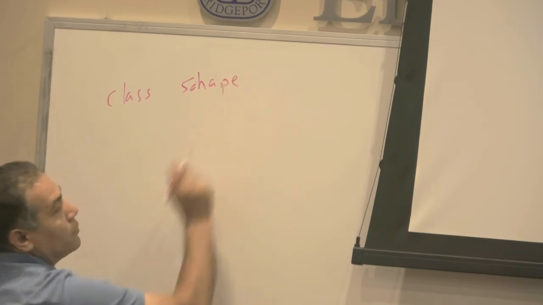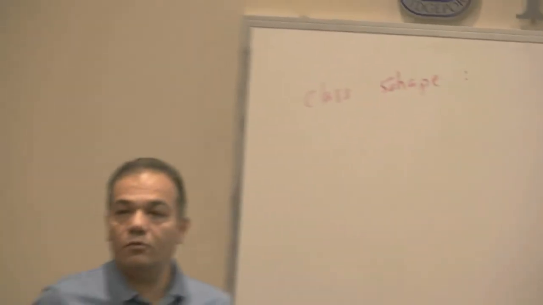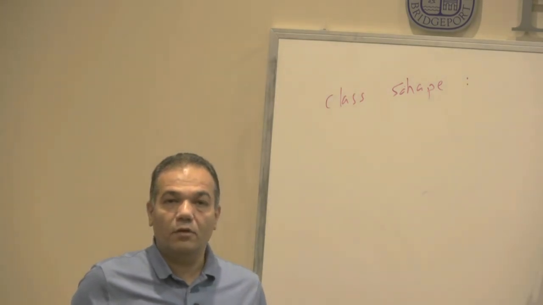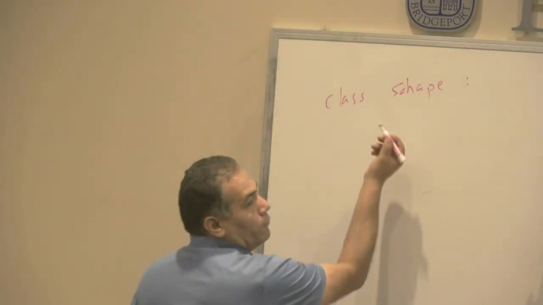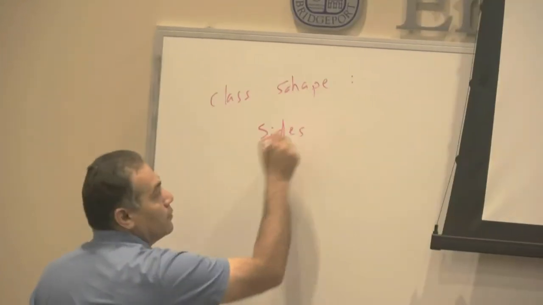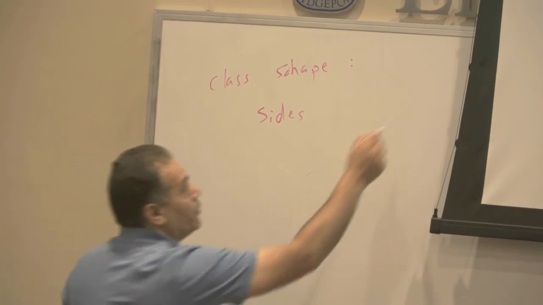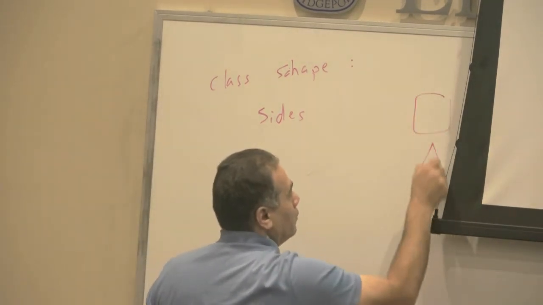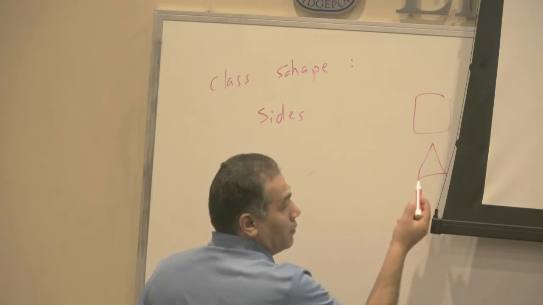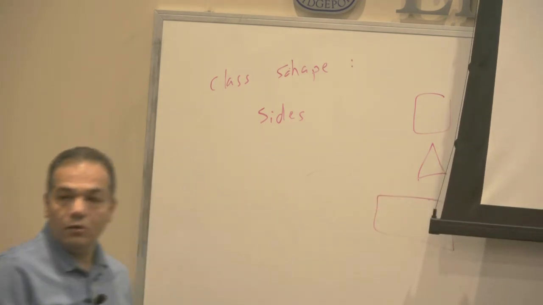When you look at the shape, what are the parameters for any shape you can think of? 2 points, x1, x2, y1, y2. Sides, the number of sides. How many sides? When you look at the square or triangle, or rectangle, right?